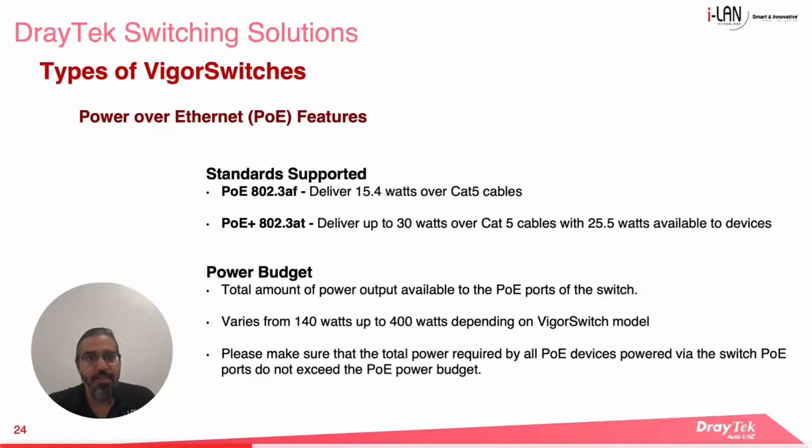Now, this is something that you'll need to check to ensure that the switch selected has the right specs to power all of your PoE devices. For instance, a PoE switch with a power budget of 140 watts can provide enough power for 4 IP cameras at 30 watts each and an IP phone at 15 watts to give us a power load of 135 watts.